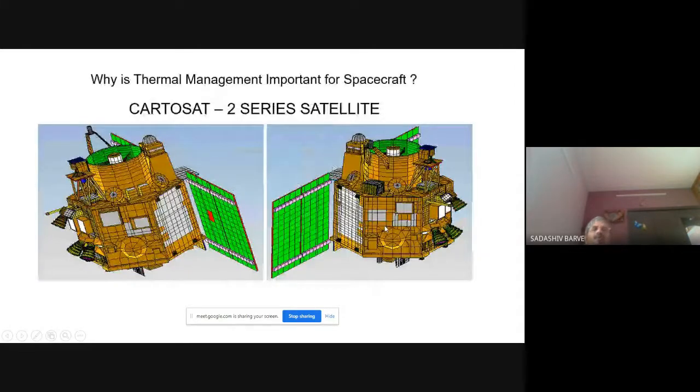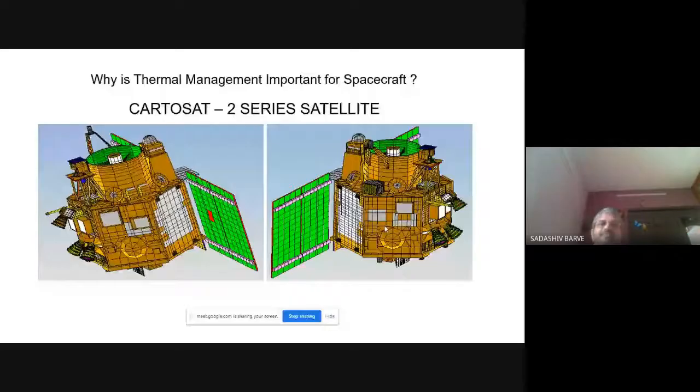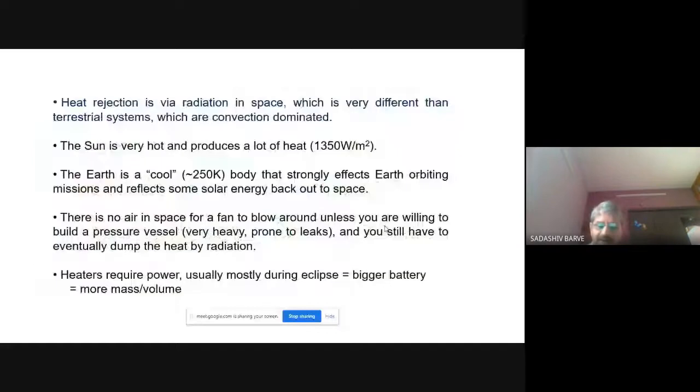Now, many times we ask ourselves, why is thermal management important for the spacecraft? This is a typical picture of a mathematical model I showed for one of the satellites. Now I will go ahead with the importance of heat transfer for the spacecraft.